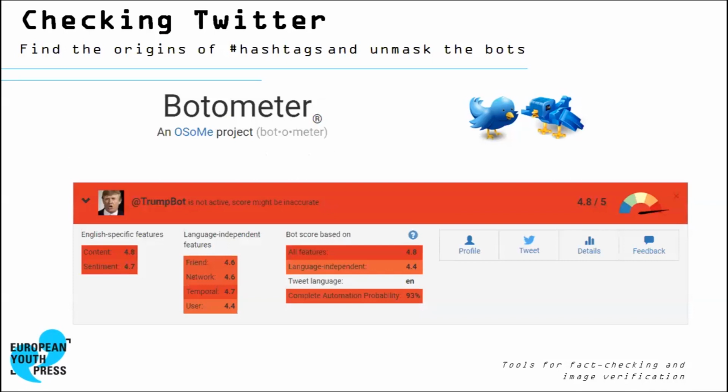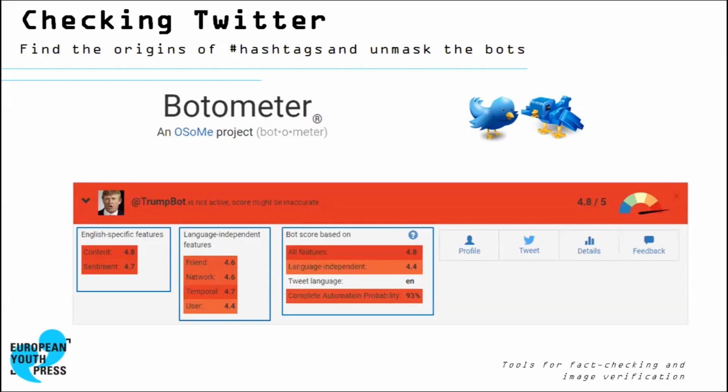When you expand a user's bot score result, you are presented with several scores. The first two sets are feature category scores, computed by a classification algorithm trained using only the corresponding features. The first set of scores is useful only for English language accounts, whereas the second set uses language-independent features.